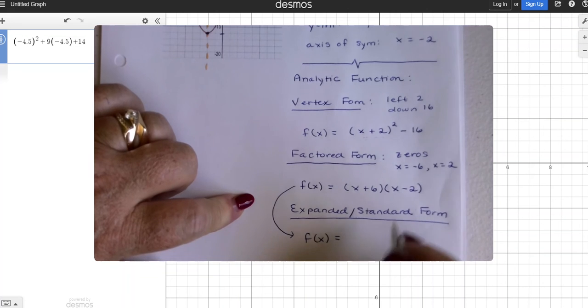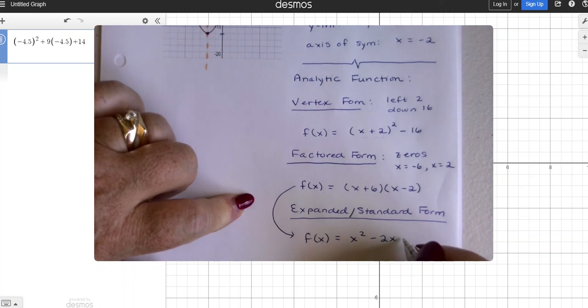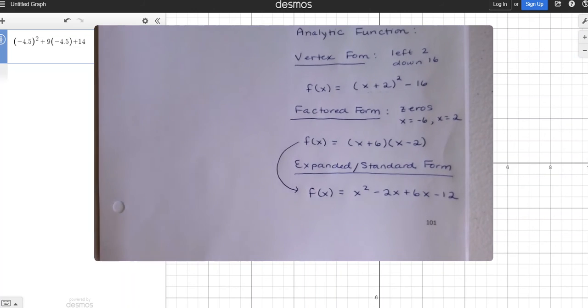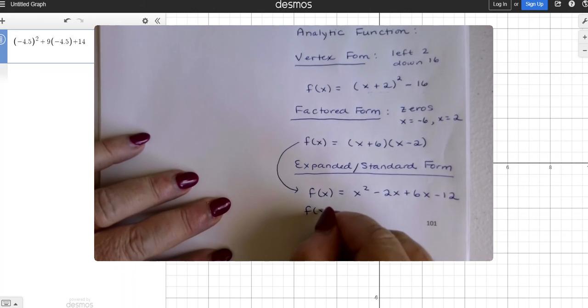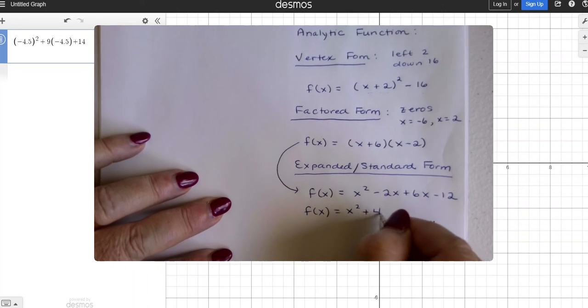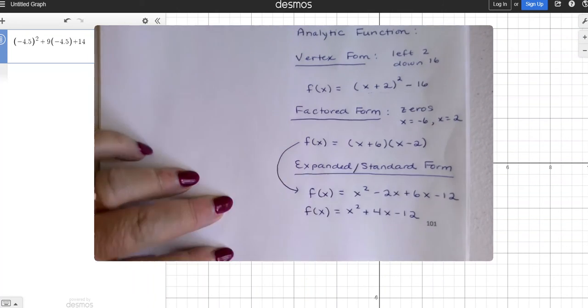So if I multiply this, I would get x squared minus 2x plus 6x minus 12. Which is x squared plus 4x minus 12.